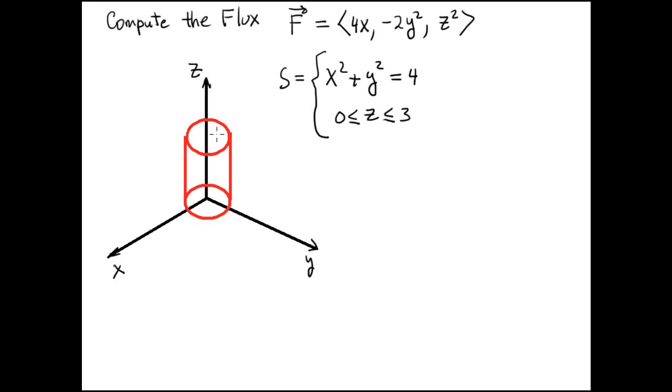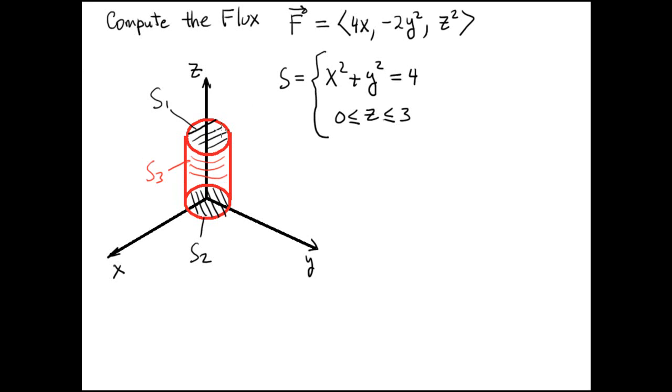The first surface I call s1. The second surface is the bottom part, I call s2. And finally, the most important surface is the lateral surface, I want to call s3. Let's compare the flux one by one.